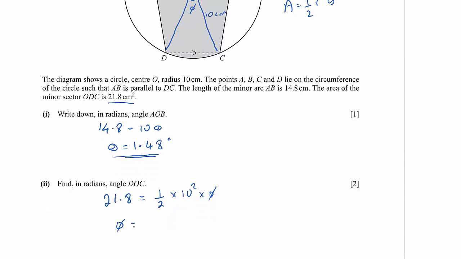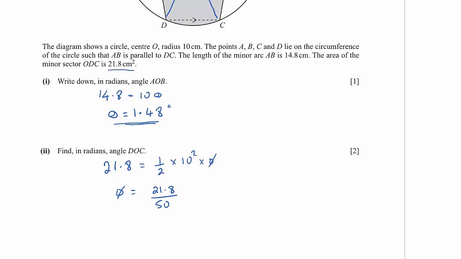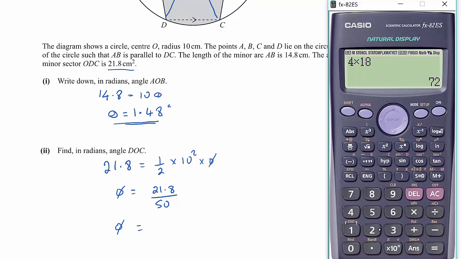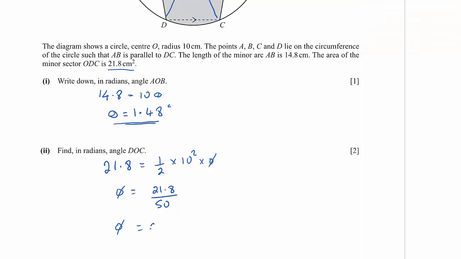So that means that phi is going to be 21.8 divided by a half of 100. Let's calculate that. 21.8 divided by 50 gives me 109 over 250, or 0.436 might be the best way of doing that. 0.436 radians.